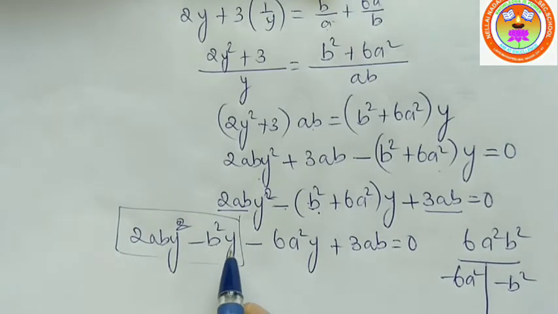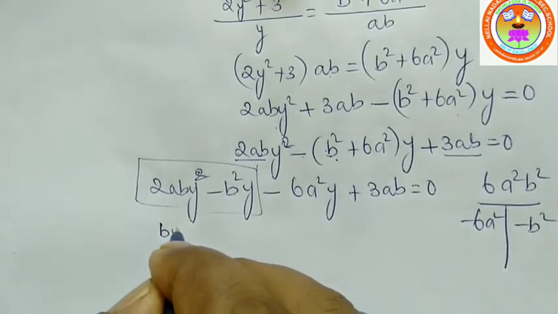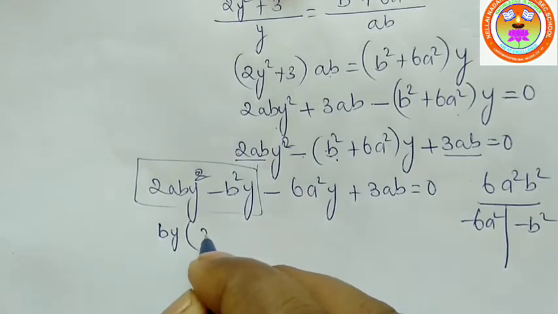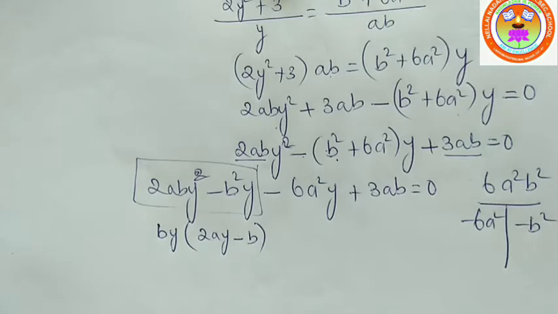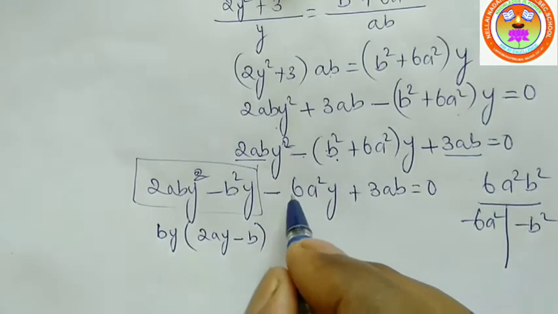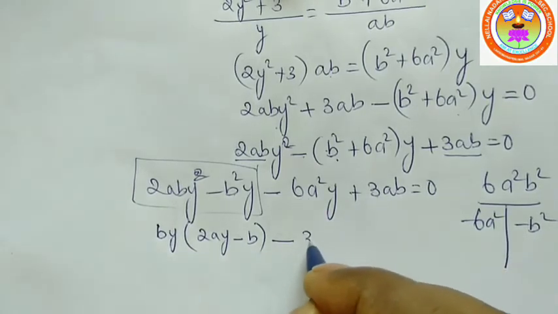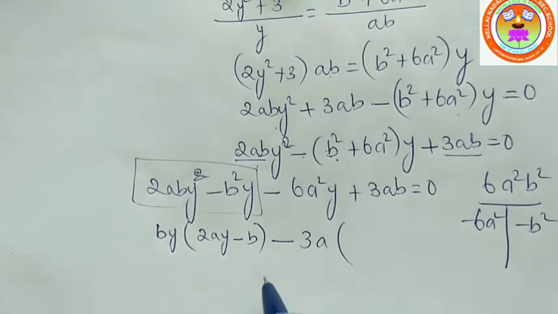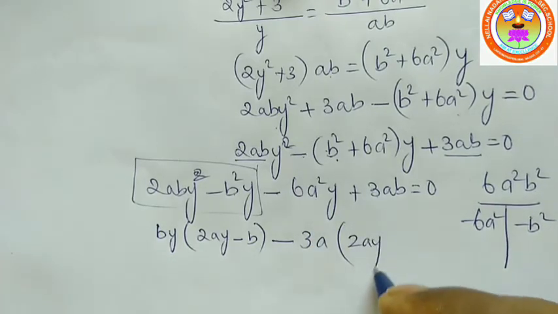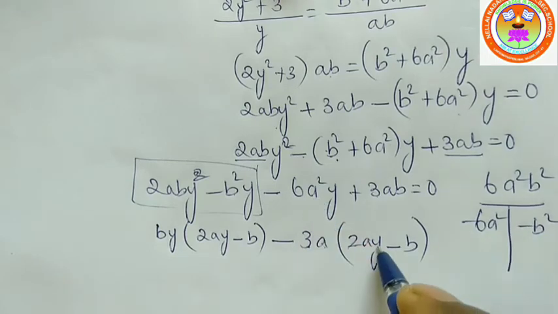From the first two terms, b common and y common. So by is common. If we take by outside, what remains is 2ay minus b. Here the first term is getting a negative sign, so take minus 3 common from the last two terms, and a is common too. If we take 3a outside, we get 2ay minus b, since 3a into 2 is 6a, and a into a square into y, correct?